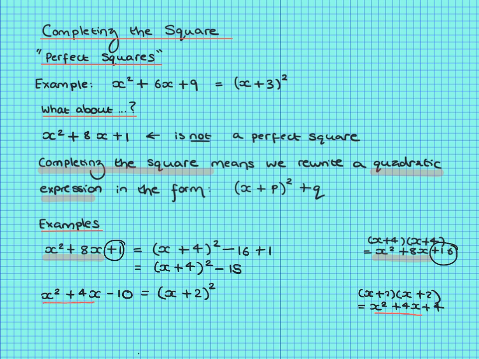Now we need to get rid of the 4 here, so subtract 4, and we need to make sure we include a negative 10. So our result will simplify to x plus 2 all squared minus 14. So here are our final answers in their completed square forms.